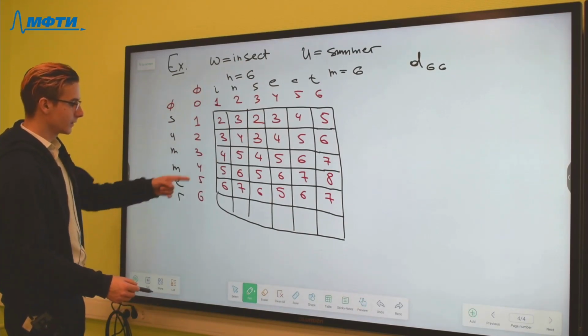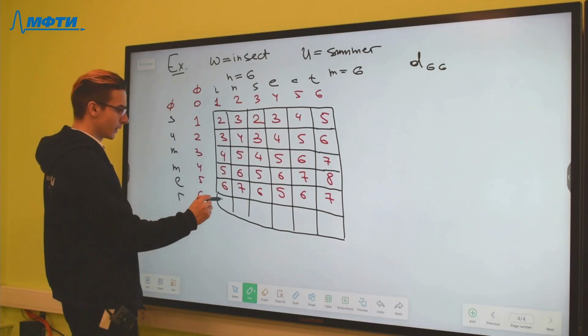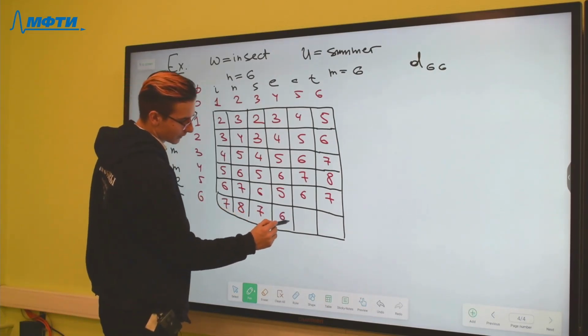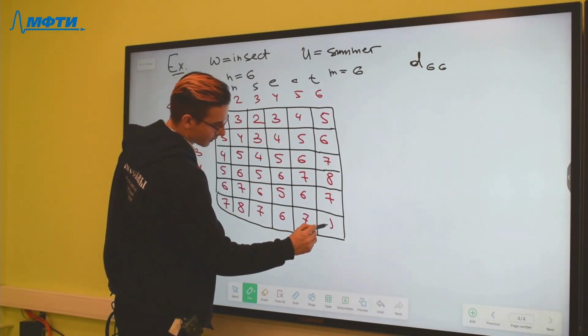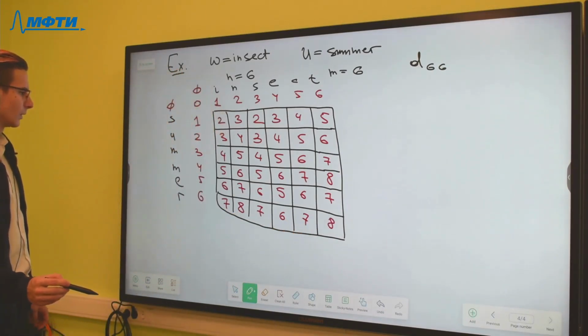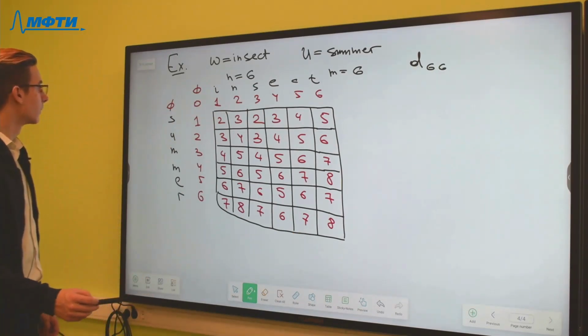Then R is not equal to all of these characters too. So we write here 7, 8, 7, 6, 7, 8. Sorry. 7, 8, yeah.